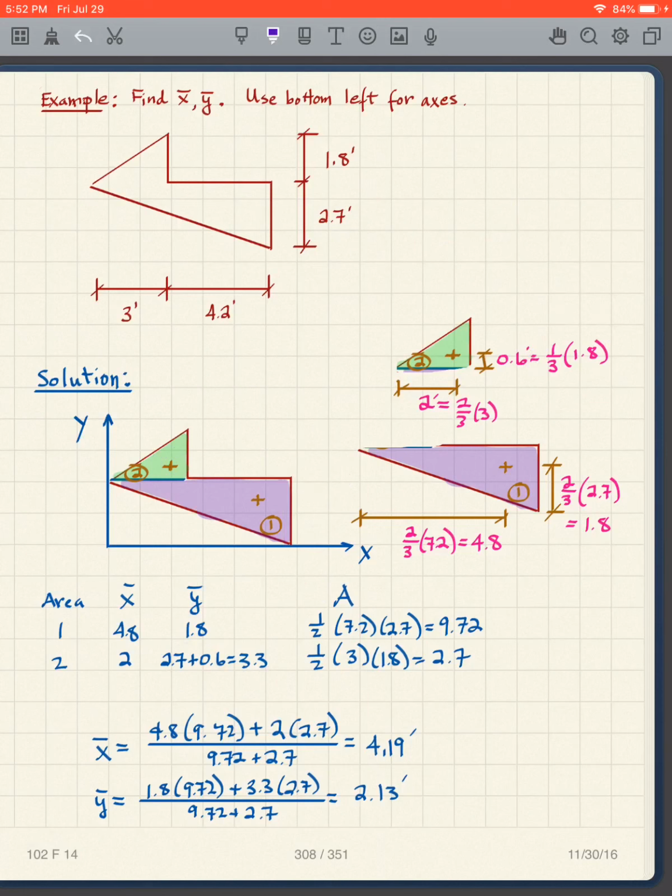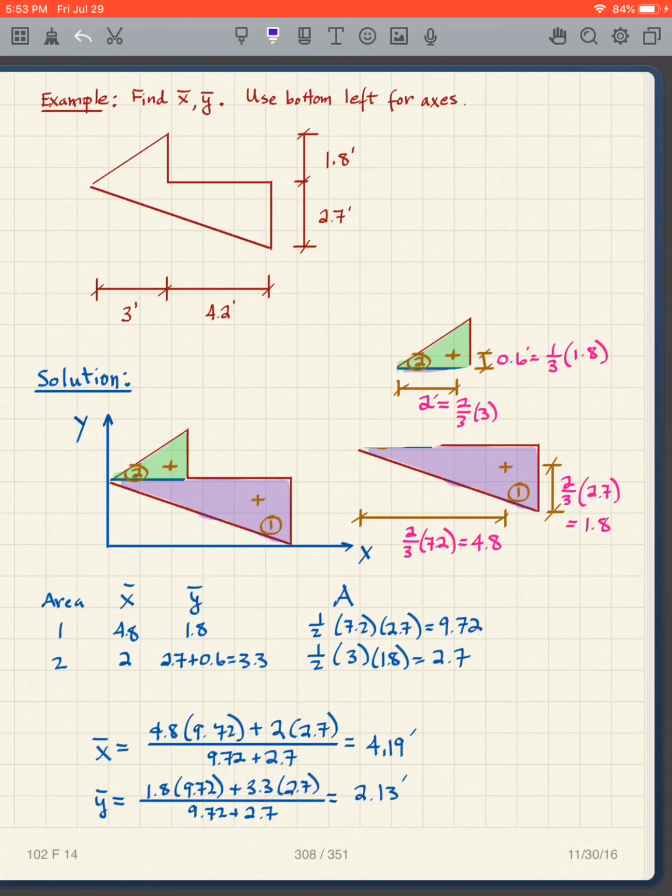And then I can get the area, 1/2 the base times the height. You can all do that. And then I just fill it in. It's going to be x bar 1, A1 plus x bar 2, A2. And the other one will be y bar 1, A1 and y bar 2, A2.